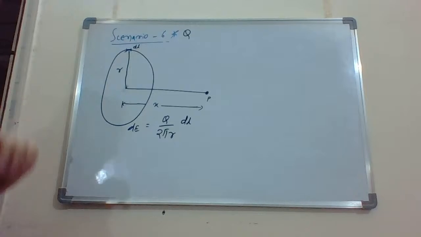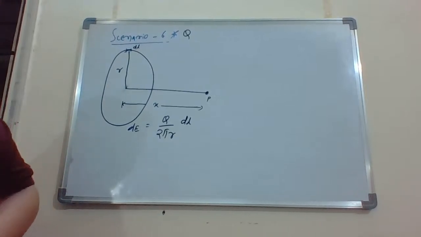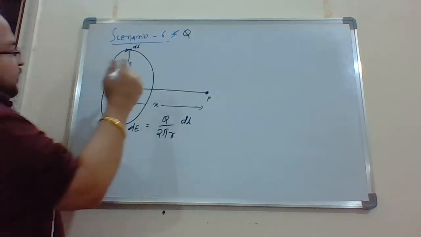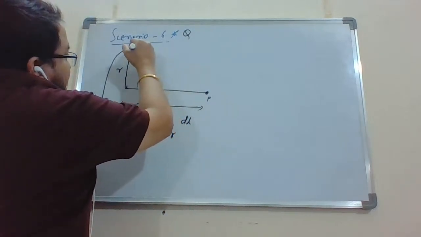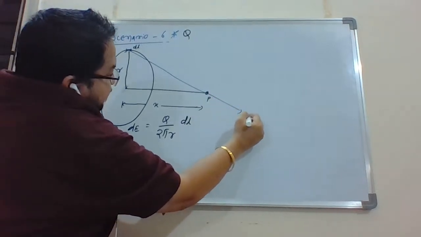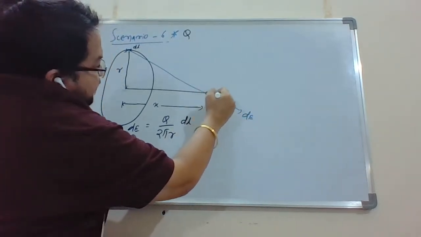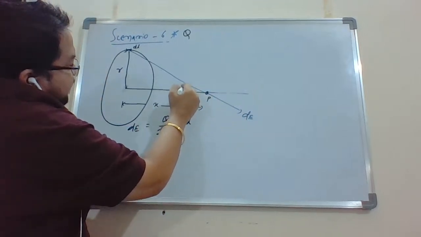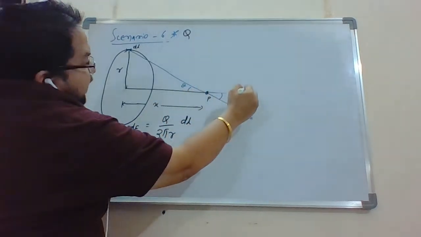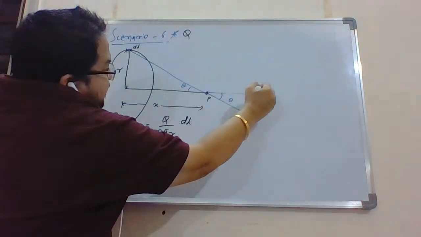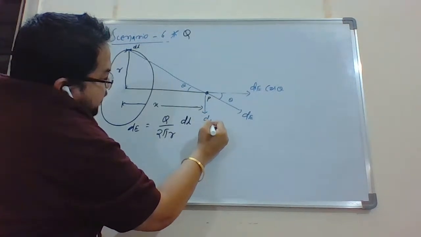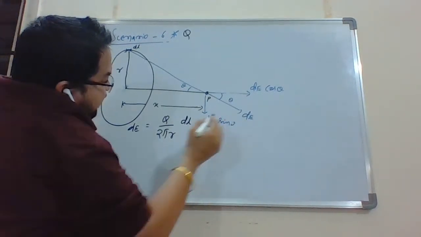Now once again, the same interesting thing which we saw in our previous example. If this is the charge segment dl, then obviously this will exert a field in this direction, which will be my dE. If this angle is theta, this angle is also theta, which means this is your dE cos theta, and this one would be your dE sine theta.